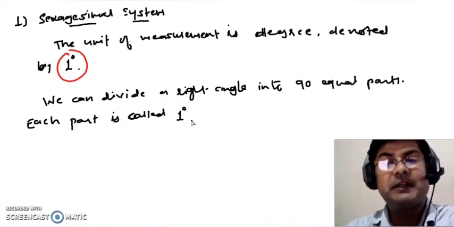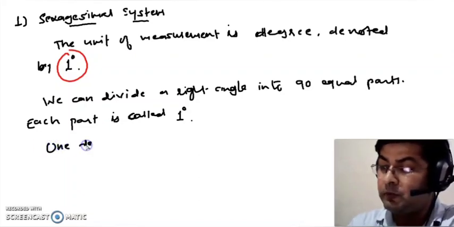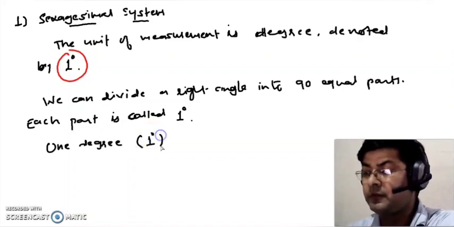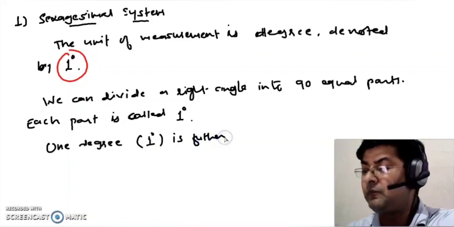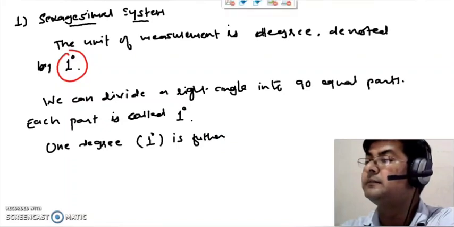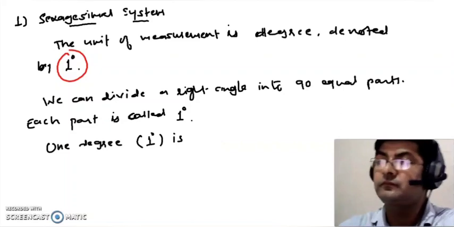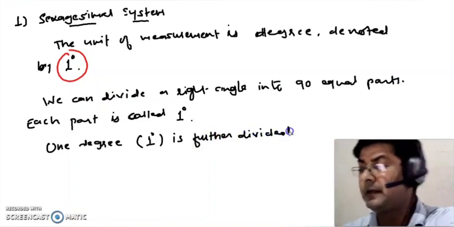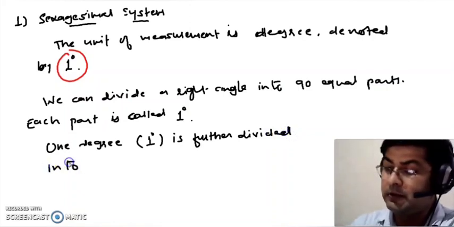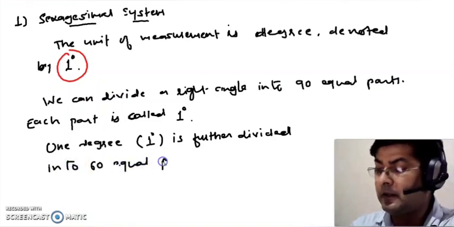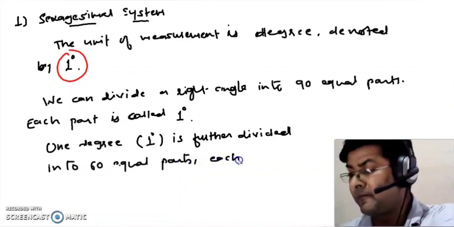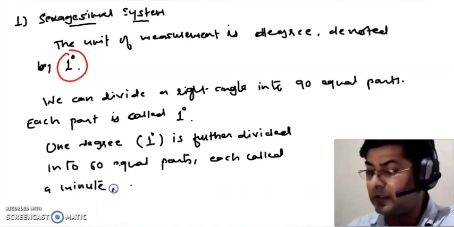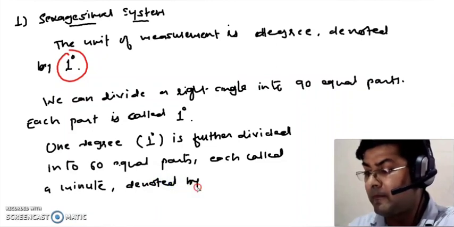Further, 1 degree is divided into 60 equal parts, and each of those equal parts is called a minute, denoted by this symbol.